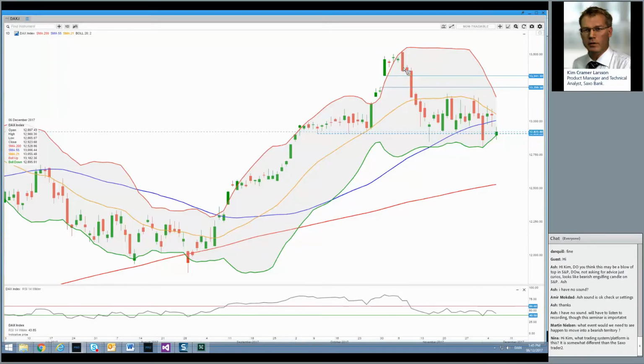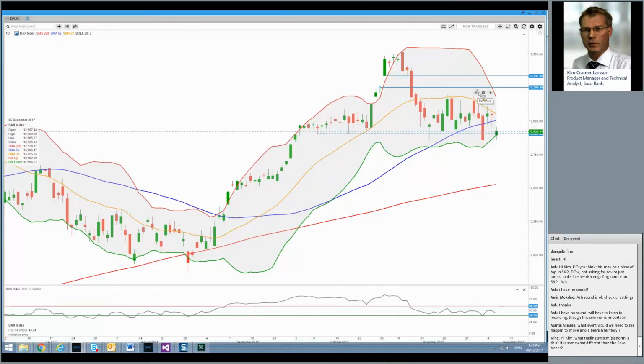That was actually a bearish engulfing, taking out these three peaks here. It was followed through, closed the gap, very bearish also, went down to test this 12,900 a couple of times, bounced back, but couldn't really get back up to this line here.